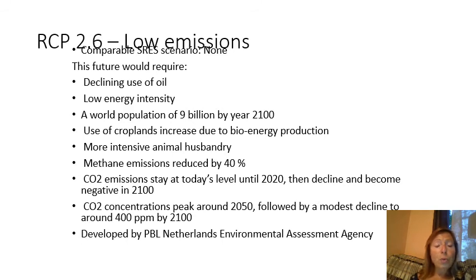Under this scenario, we would capture most of our methane emissions, especially from agriculture, from this very high-tech agriculture. So the methane emissions would be reduced by 40%. We would also see the CO2 emissions staying essentially at the same level as now till this year, right?